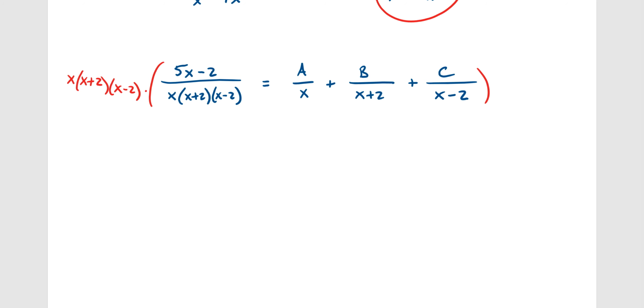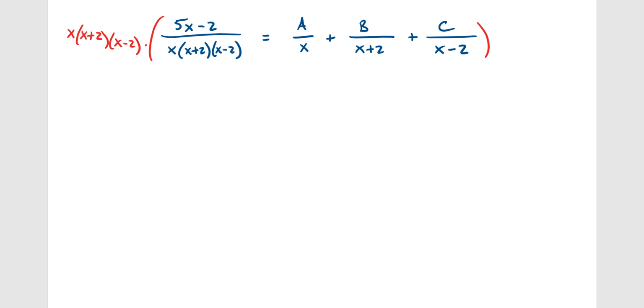And then we're going to end up getting 5x minus 2 on the left because the denominator canceled. For the a term, the x is going to cancel, and we're left with a times x plus 2 times x minus 2.